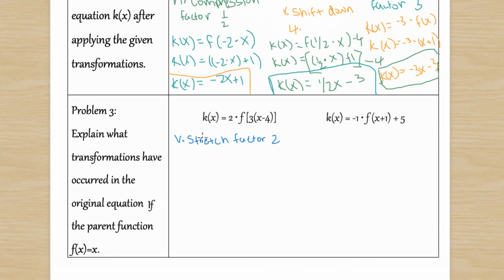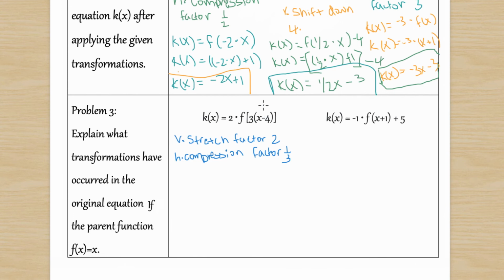So since the 3 is inside brackets, we can say that is a horizontal something. So remember, for horizontal stretches and compressions, we need to take the reciprocal of it to get the factor. So the reciprocal of 3 is 1/3, and since 1/3 is less than 1, we're going to say this is a horizontal compression by a factor of 1/3.